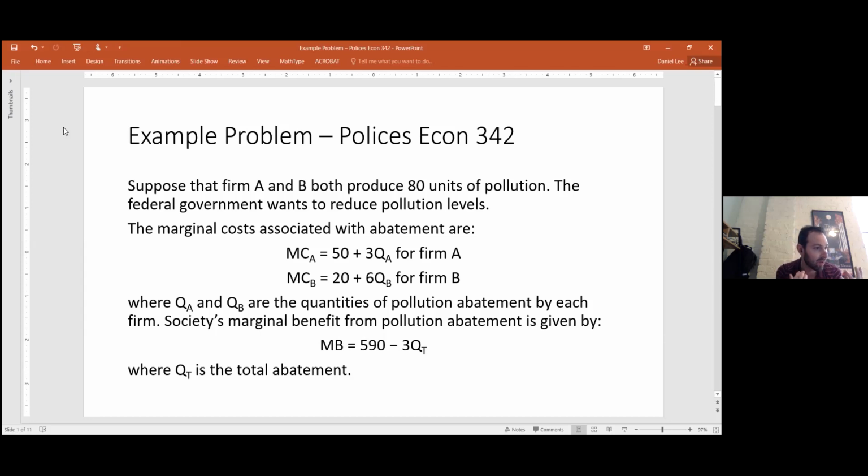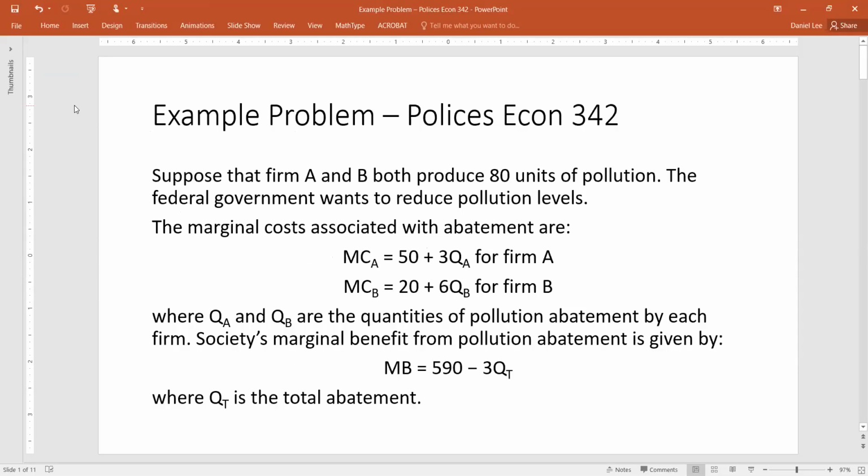The marginal cost for firm B is 20 plus 6Q, and again, Q sub A and Q sub B are quantities of pollution abatement by each firm. We as society also benefit from total pollution abatement. So we have a marginal benefit equation: marginal benefit equals 590 minus 3 total Q. Everyone with me so far?